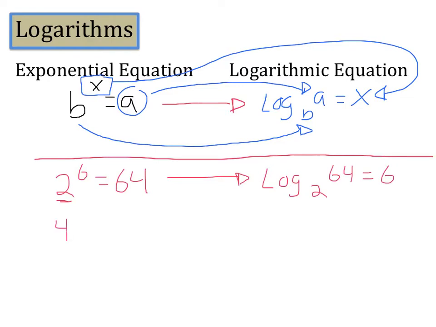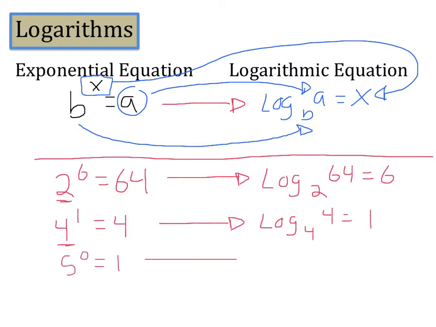Now if I had 4 raised to the 1 equals 4, my base is 4, so I do log base 4 of 4 equals 1. If I had 5 raised to 0 equals 1, I write log, my base here is 5, of 1 equals 0.